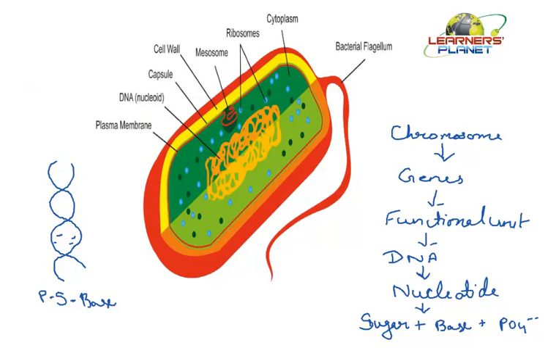So such a nucleus is known as what? It is known as nucleoid. Besides this, the other parts are also present, like ribosomes. In the case of eukaryotic cell, how are the ribosomes present? They are attached over the endoplasmic reticulum.